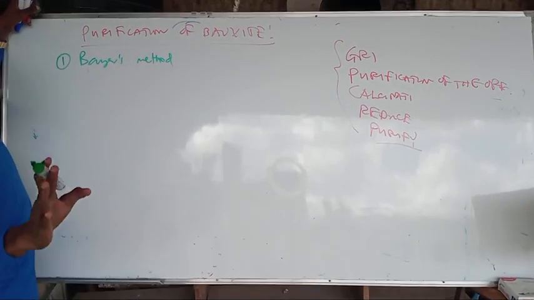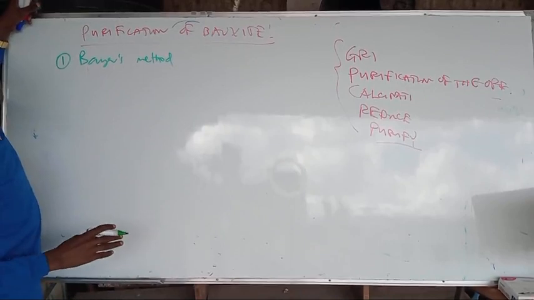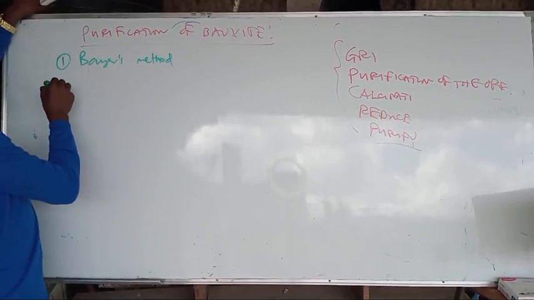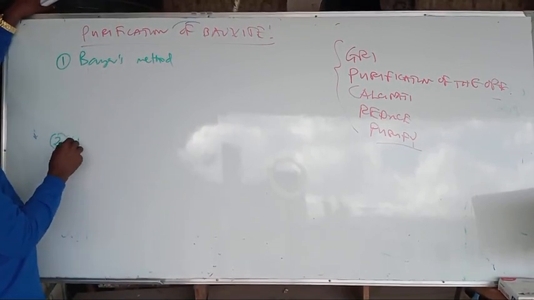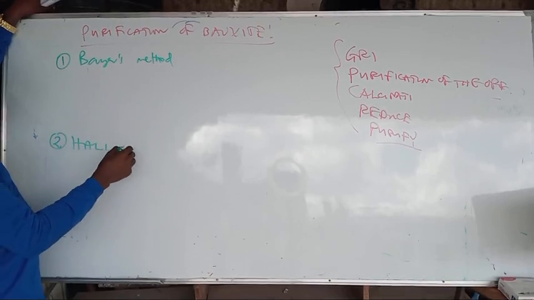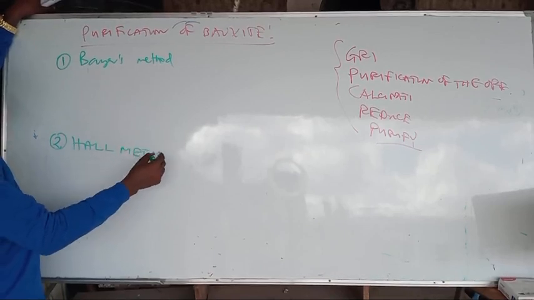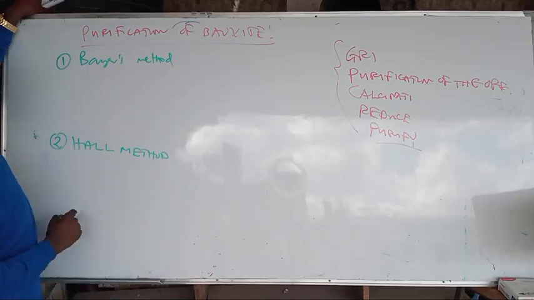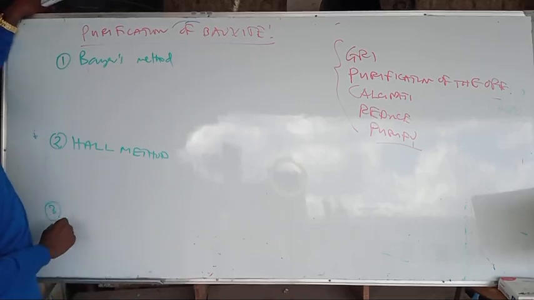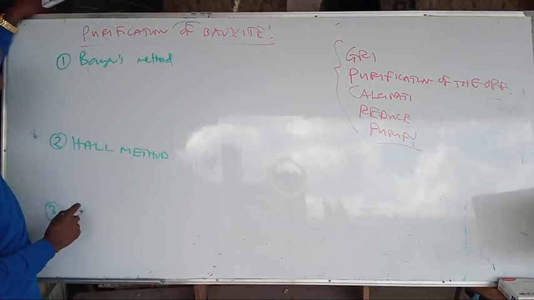If you don't use Bayer's method, you can use the Hall method. If you don't use the Hall method, you can use the third method, which is the Sapet method.